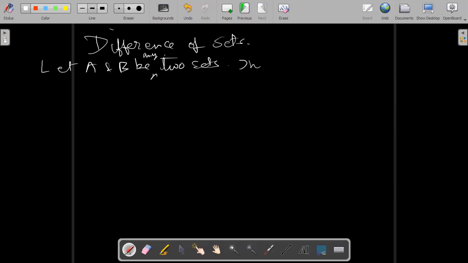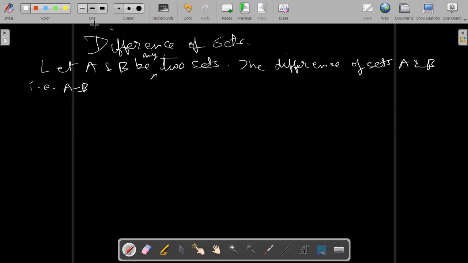Okay. So the difference of sets A and B, that is, we are talking about A minus B. You can have B minus A also.